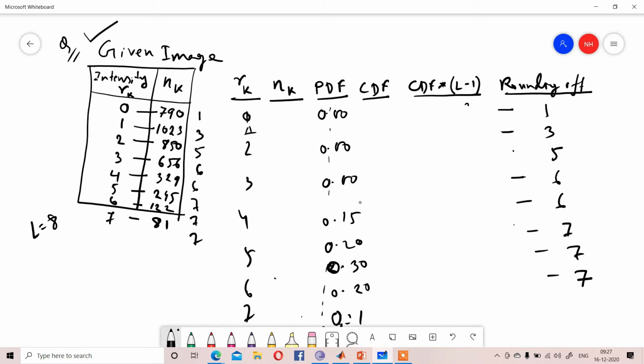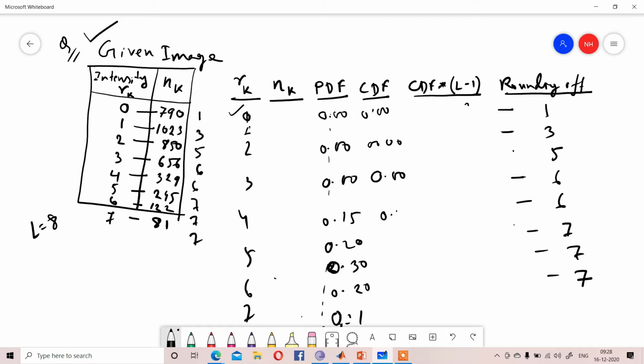So for the given image, you have got the equalized histogram level, and for the target image, this is the information given. That is the RK, the intensity level of the target image, and with respect to that, the probability distribution functions are given. Depending on the PDF, you can directly calculate the cumulative distribution function, the CDF.